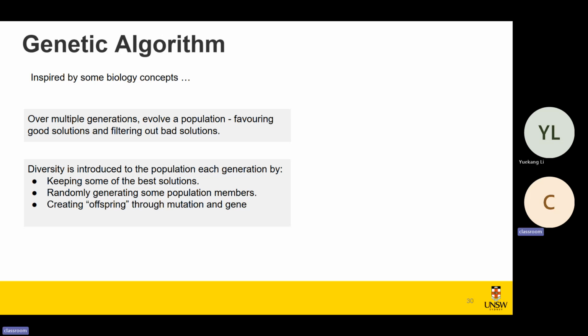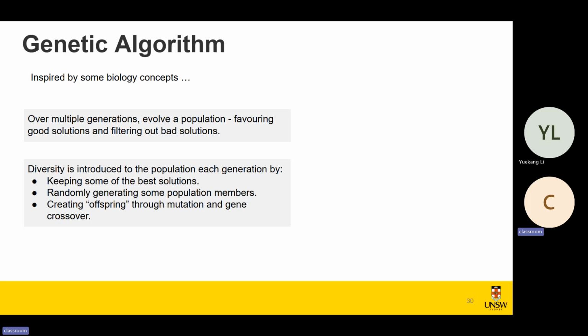And then we create offsprings through mutations, like we can randomly mutate the members of the population. So this gives us some diversity, right? We can also try to do crossover by selecting some of the solutions in the population to generate new offsprings.